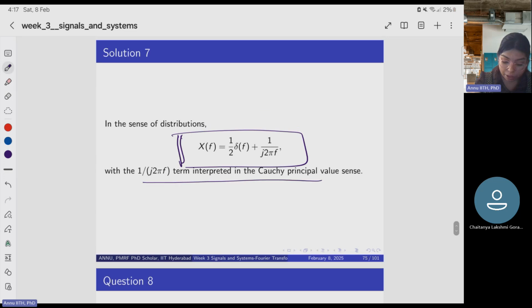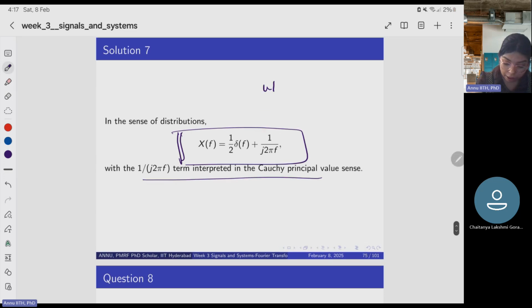Okay. Why 1 by j omega? Because u(t) is 1 here for positive time. So it is just a multiplication, 1 by 2 plus X dash by 2. So X dash is nothing but delta f, and this is here. So I'm writing it again for removing the confusion.